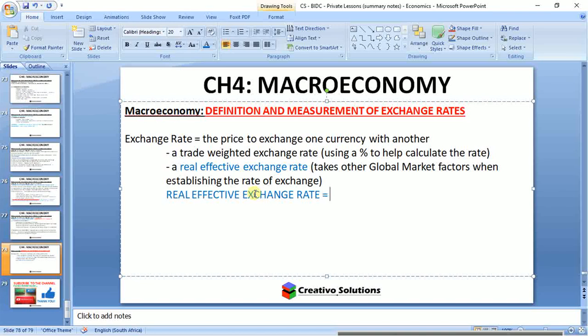Nominal exchange rates. Exchange rate, can I abbreviate? I'm not going to fit it in.